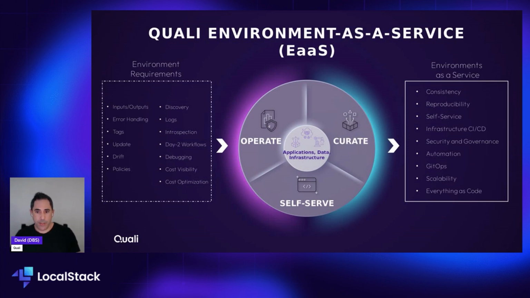I use the word environment, and I would like to give a rough understanding of what you get when you have an environment. Ideally, you would like to be able to pass input and output between different components very easily. You would like to be able to fix errors quickly.